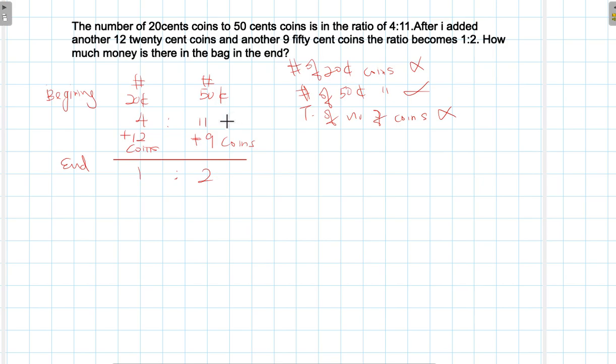Is it the same? And obviously you know that it won't be the same because here I add more than here, correct or not? So their difference, the beginning and the end, will not be the same. Okay, so difference in number of coins is not the same.